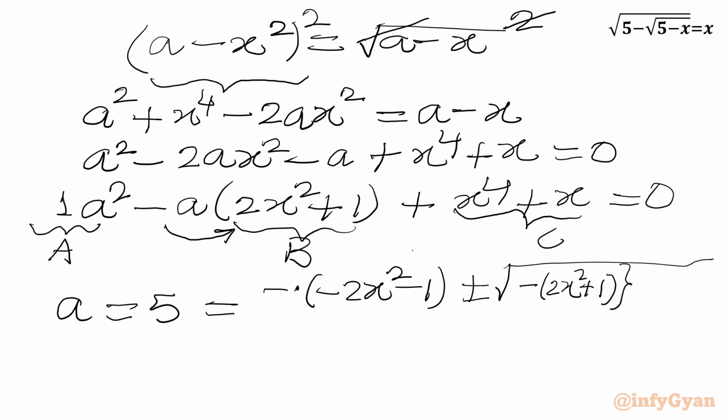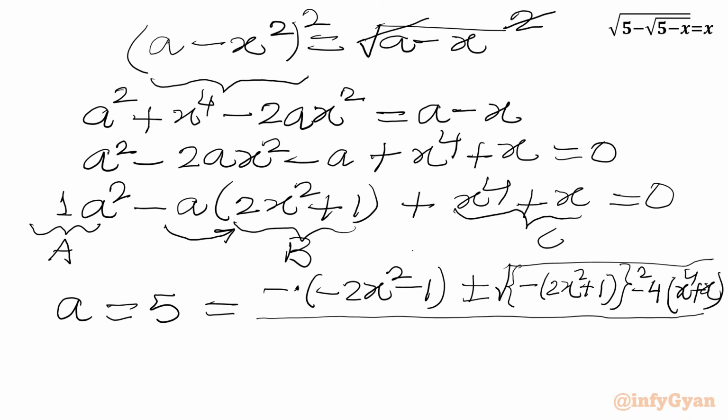whole square, this is B square, minus 4 times capital A which is 1 and C is x power 4 plus x. And in the denominator, there must be 2 times 1, so 2. So a will be equal to, minus times minus becomes plus.